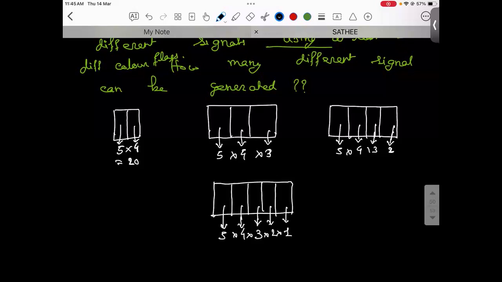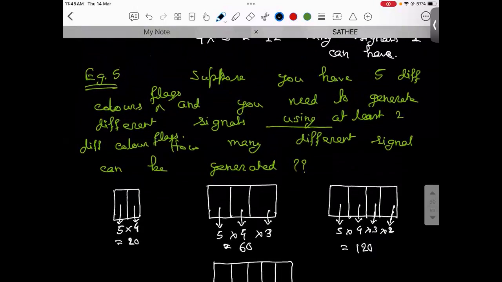Multiply. What I get from here is 60. Here I will get 120. Here also I will get 120.